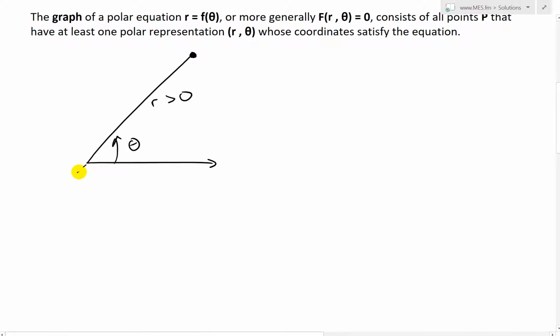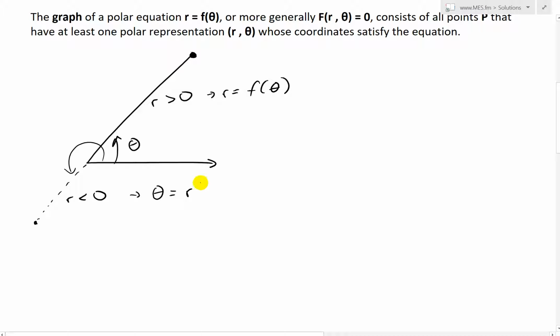But you could also have, for example, if r is like this, if you go backwards, that's when r is less than 0. Then what happens is the thetas change. So this theta would end up being something like this instead. So in this more general case, for this case you have r as a function of theta, but now you could also have theta as a function of r as well.